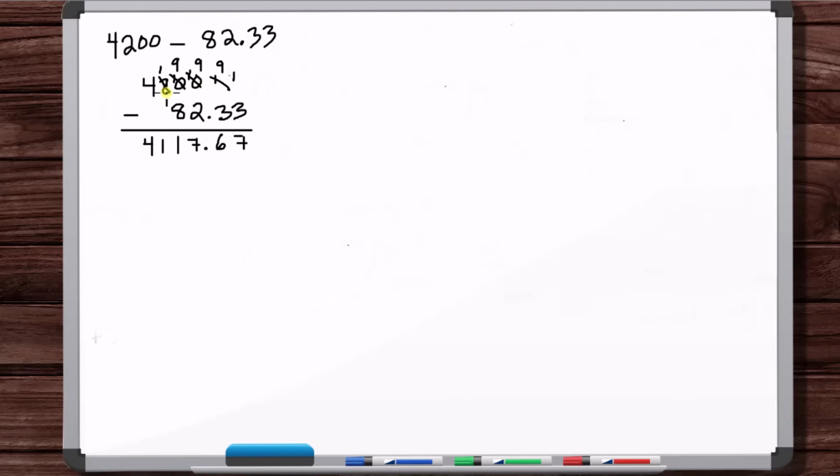It's ambiguous, but if you're going to make an assumption, like if they're asking you this on a test, then you assume that trailing zeros with no decimal are not significant. So we would say that this is precise only to the hundredths place. So we're going to round this to the hundredths place. Before this digit is a 1, so we're going to write this as 4100. Okay?